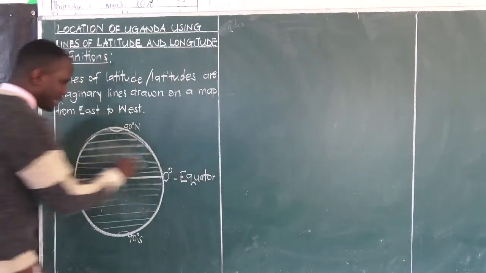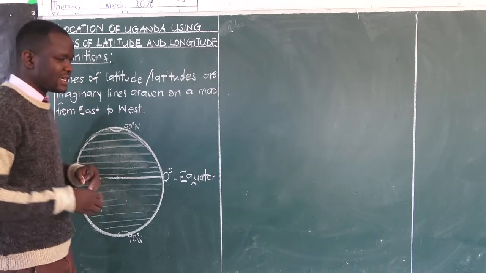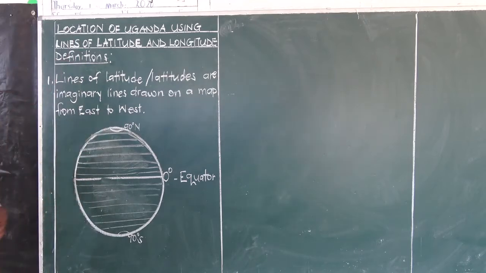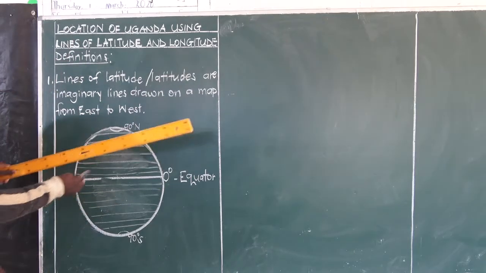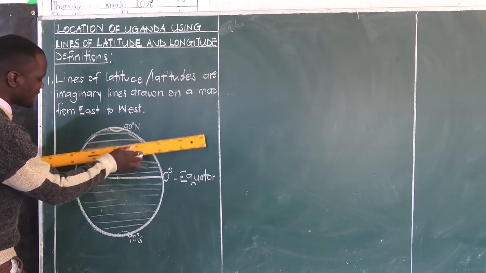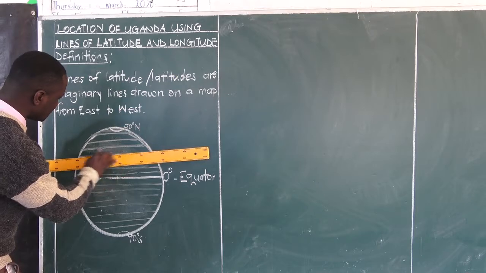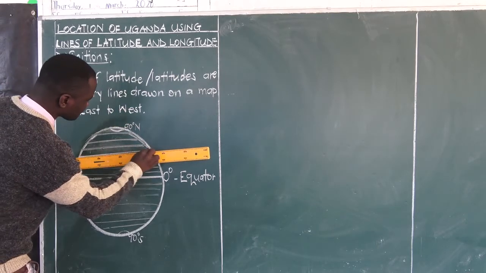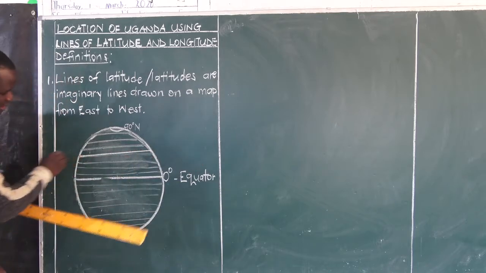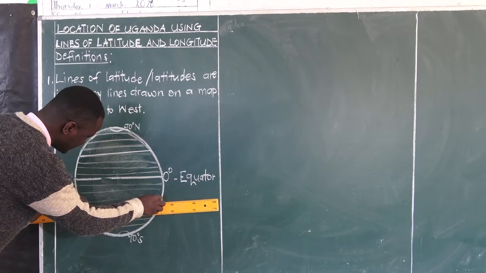Now, apart from the equator, we also need to note that we have the other two major lines of latitude. Like I said, all other lines are numbered in degrees up to the 90th line. If we were to estimate, we shall find that up this way we have another major line, and also another one down here.